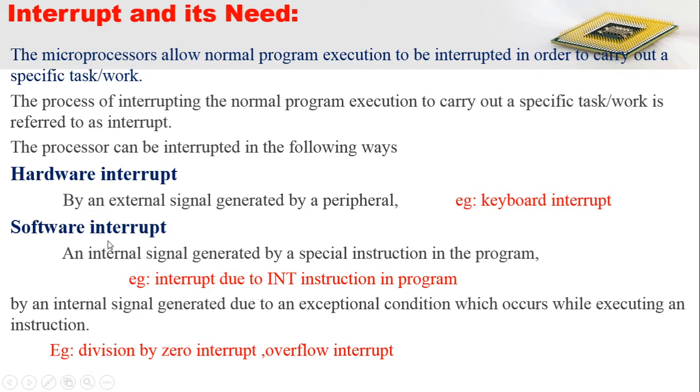Next is the software interrupt, the internal signal generated by a special instruction in the program. That means while executing a special instruction like the INT instruction present in our program, it will automatically generate an interrupt based on the type of that INT instruction.